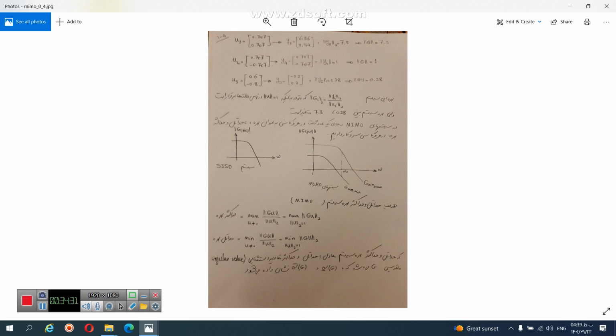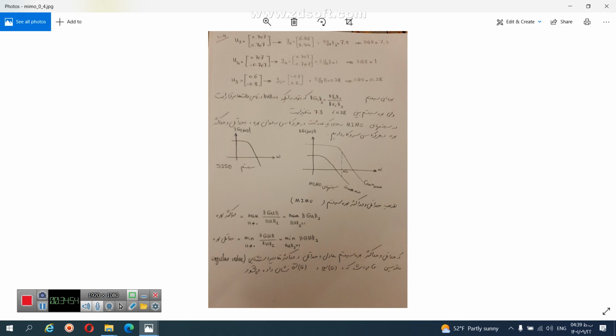Consider u3 as this. The norm of u3 is equal to 1. The norm of u4 is equal to 1. The norm of u5 is equal to 1. And y3, y4, y5 change.